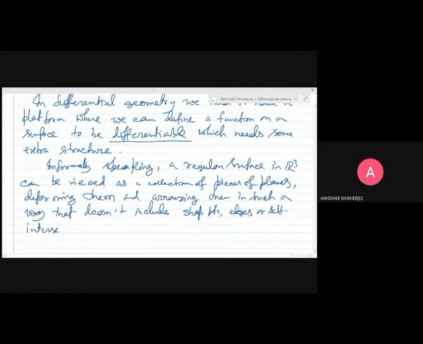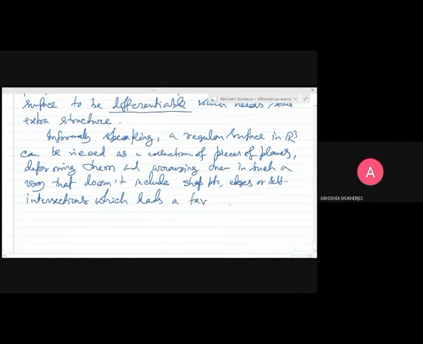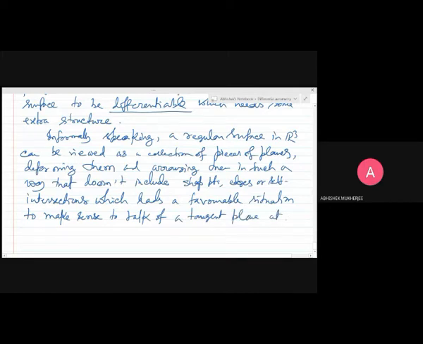Self intersections, which lead to a favorable situation to make sense, to talk of a tangent plane at points of the concerned space.